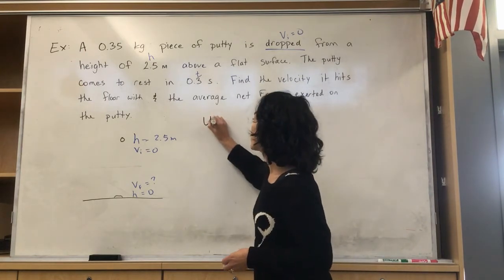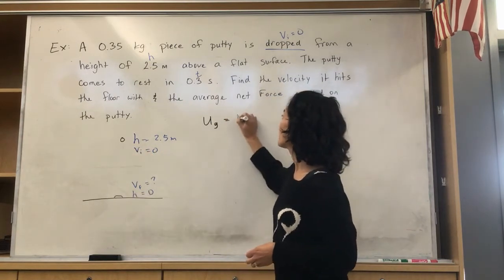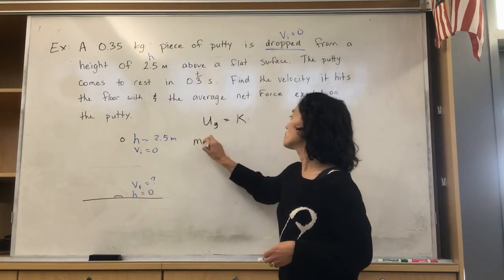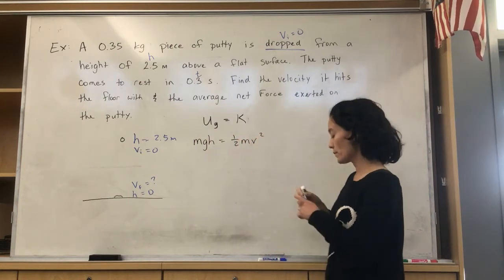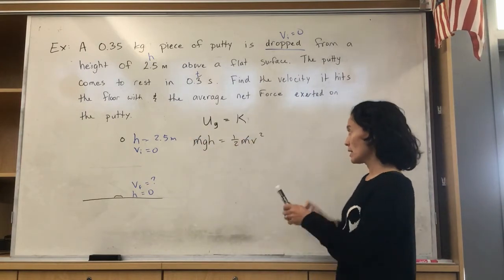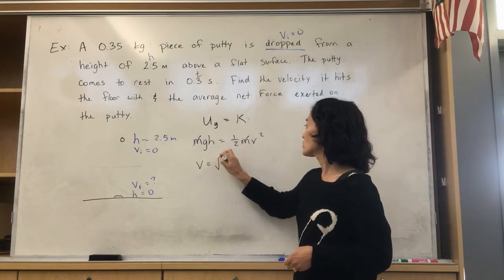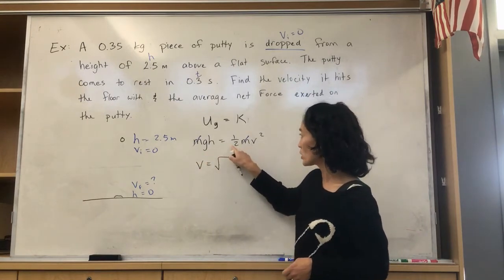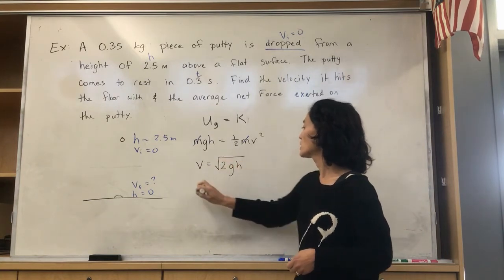My potential energy at the top is going to get converted to kinetic energy at the bottom. So this is going to be mgh equals 1/2 mv squared. I have a mass on both sides, so those can cancel. I get the relationship that v is equal to the square root of 2gh.